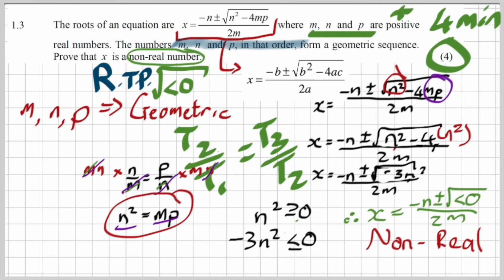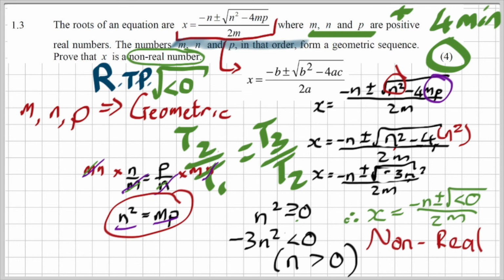But why can't it actually be equal to 0? Because they say the numbers are positive. So in other words, N can't be 0. Remember, N is positive. Which still leads me to exactly the same conclusion, that I am sitting with a negative under the root, which gives me a non-real solution.